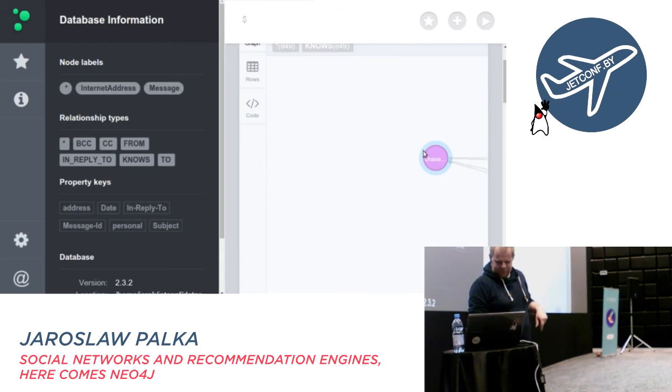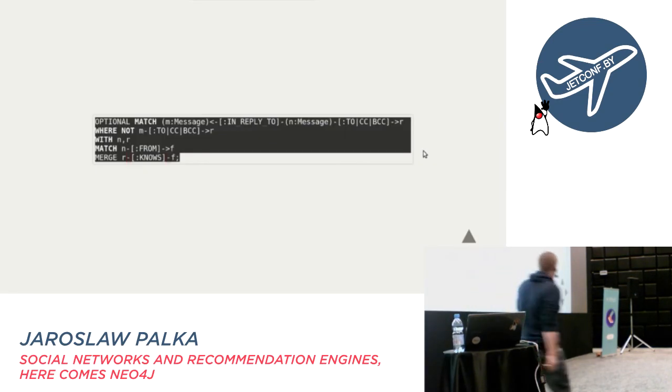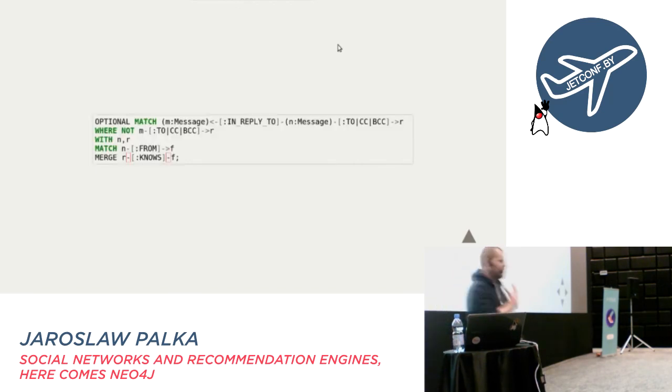How does this query work? And this is, I think, the good part. This is really visual. You see it. Basically, you say, I find message M, which has an incoming relationship from message N, and the relationship type is in reply to, and this N message has to, BCC or CC to R. But R is not on to, CC or BCC of message M. You know, I exclude it.